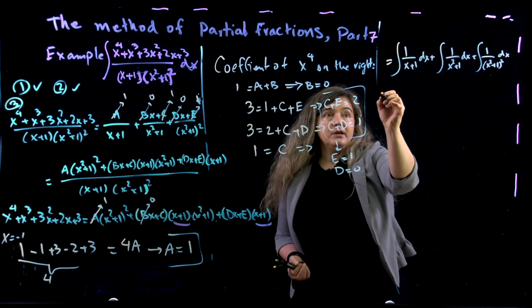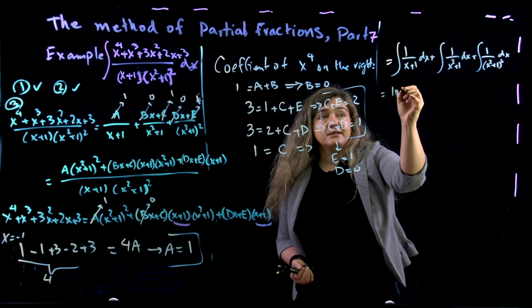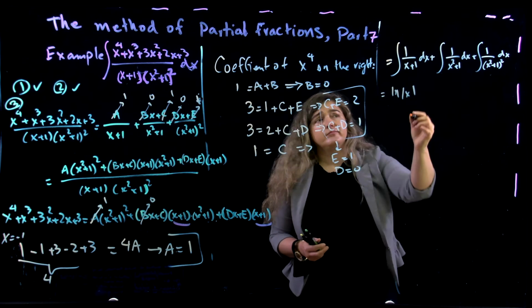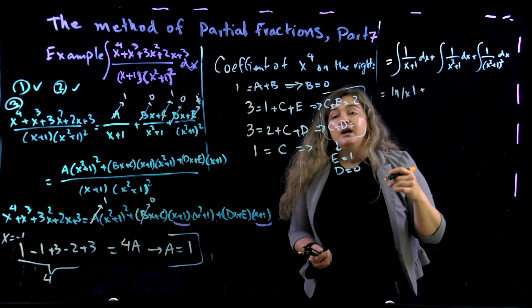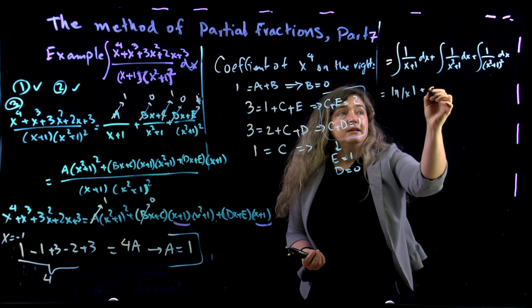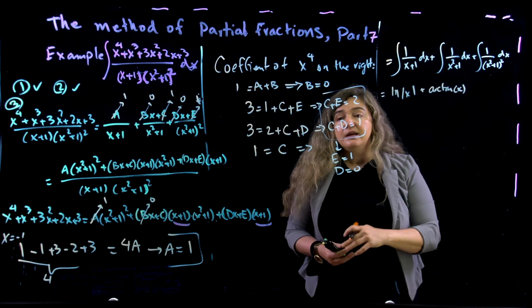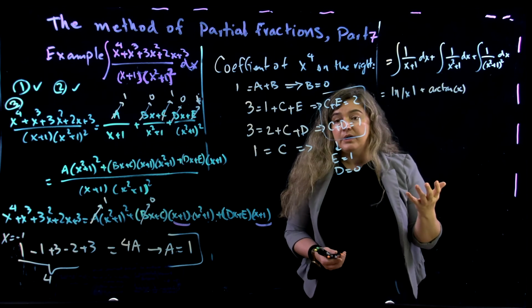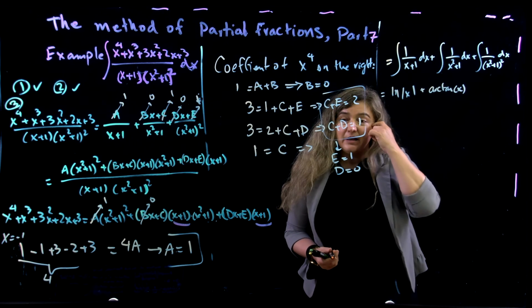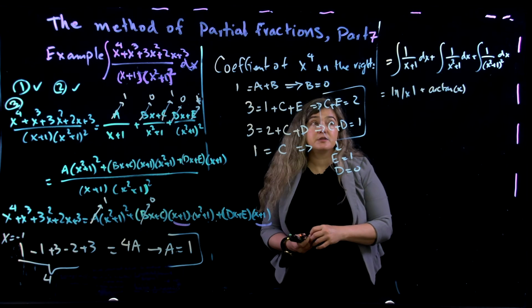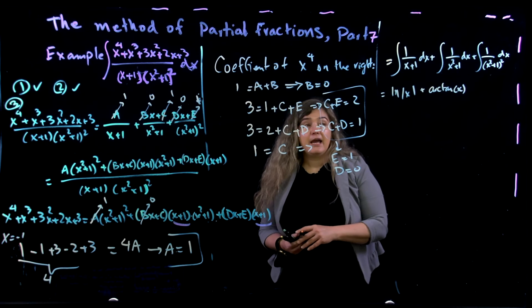The first of the integrals, I know, is the natural log, ln of x. The second one I know is the arctan of x. And for the third one, I have to do a trig substitution to find the answer.